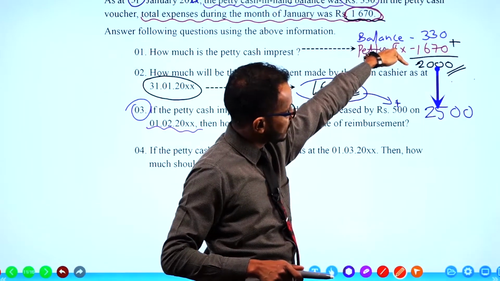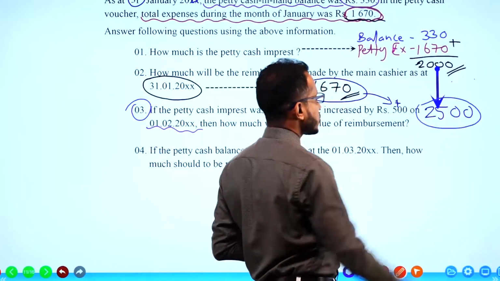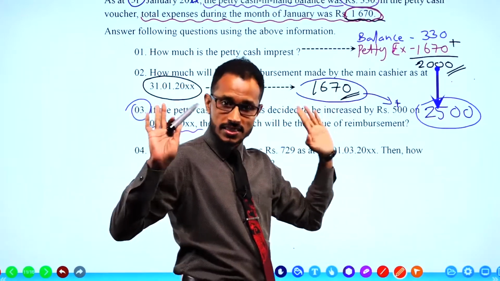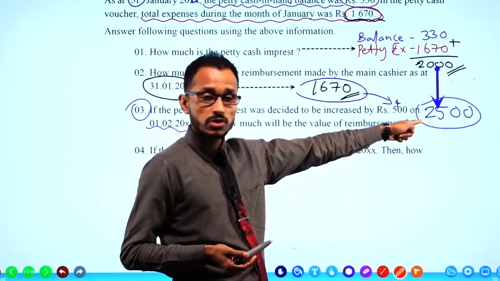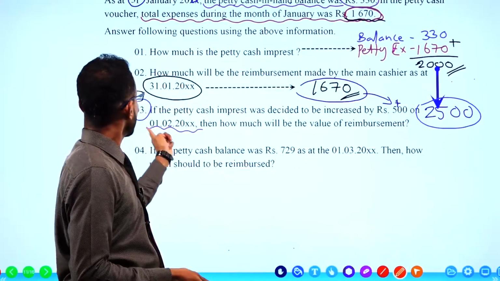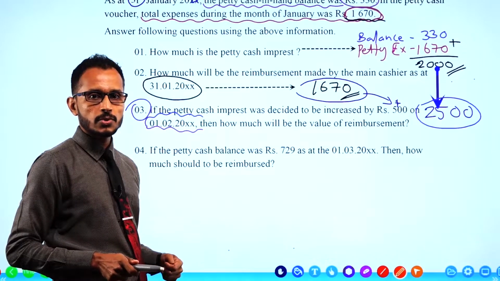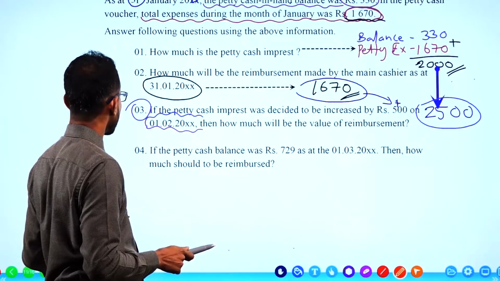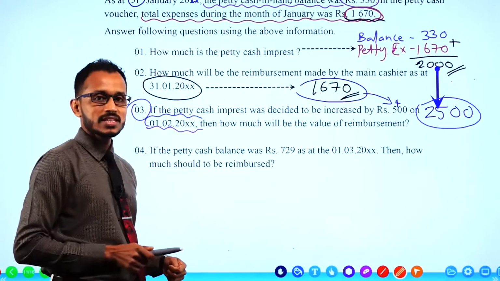The original imprest amount is 2000. When it is increased by 500, it becomes 2500. The imprest should be 2500 with the start of February, okay?